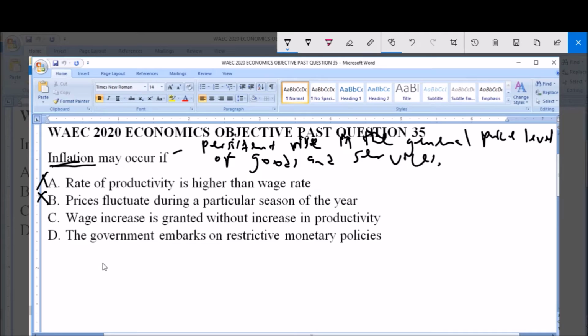Now option C says wage increase is granted without increase in productivity.